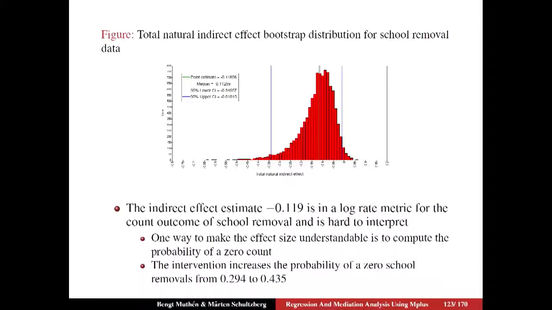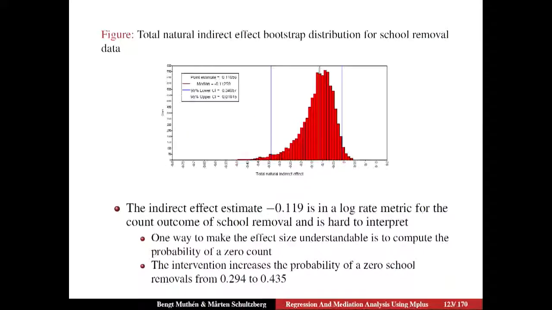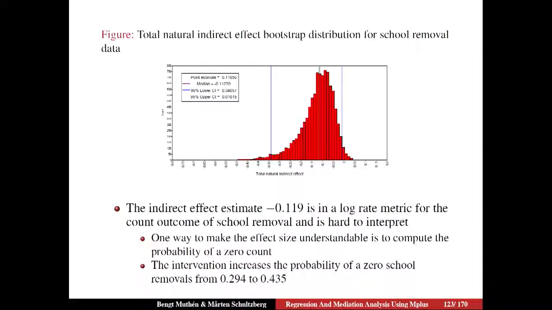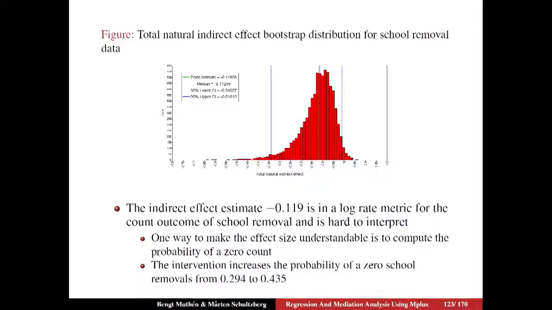So again, we're going to use the trick of looking at the specific outcome. Remember when we compared the two-part model and the censored models that were on different metrics? We looked at the probability of a 0 count for a specific group. So we're going to do a similar thing here to have some kind of interpretation. How does this intervention affect the probability of a 0 school removal?